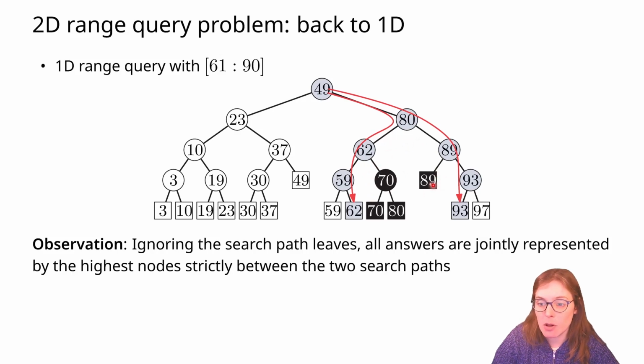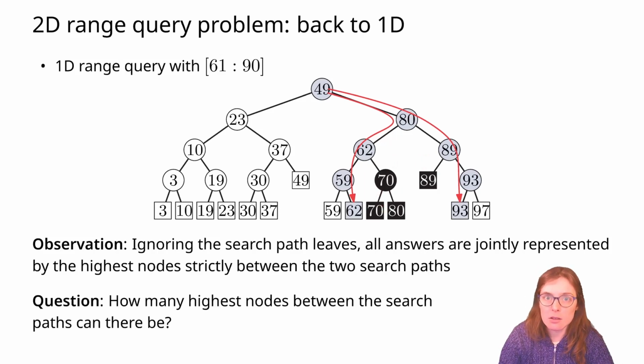So in this example, we have two black subtrees, and all the black leaves that we report lie in the union of those subtrees.